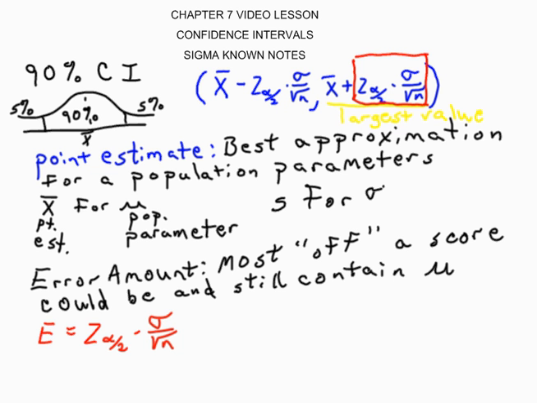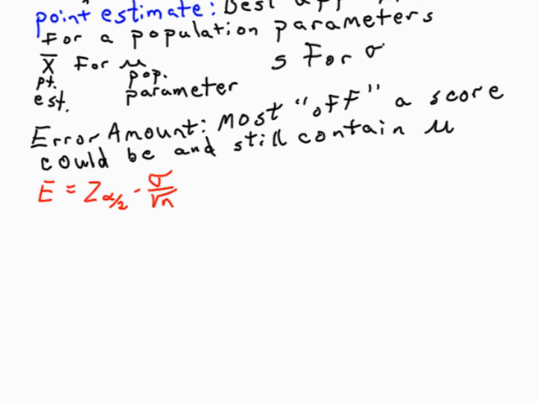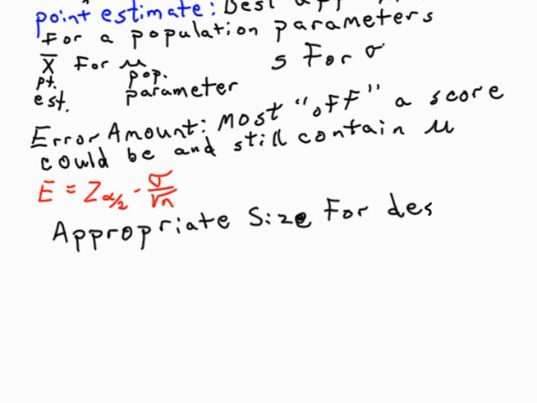Now, a piece that works off of that nicely is what's called the appropriate sample size, or a desired error amount.